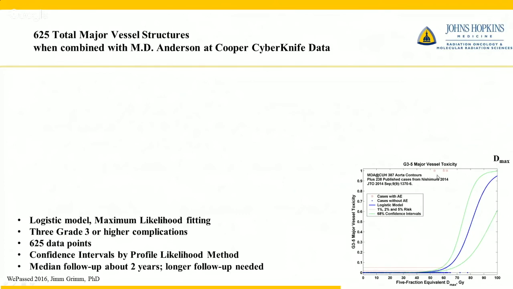Here's Dmax. So the 3 cases from the literature with the complications combined with their cases and ours with the non-complications. And it's a logistic model. And the confidence intervals, you could see in the range of where we have data, confidence is nicely tight.